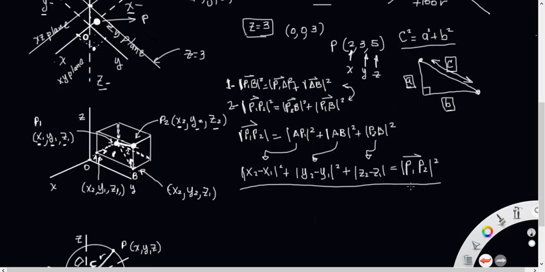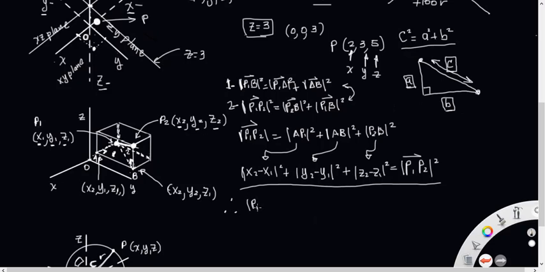So this is the first part of the formula for the distance. And to get back the values from the squared, if we take the square root of that, we can come up with the following simplified formula.